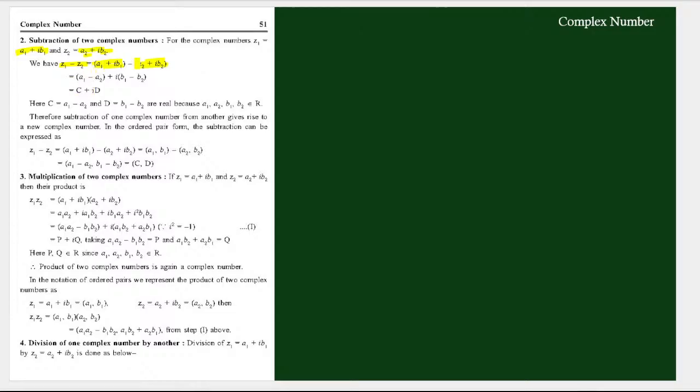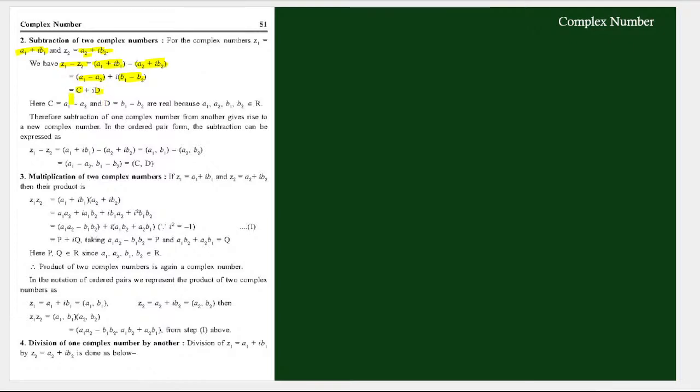Then A1, this is your minus, so A1 minus A2 plus I keep on B1, minus into plus is minus, so minus B2. So it gives us what? B1 minus B2. So let's say A1 minus A2 is capital C and B1 minus B2 is capital D.